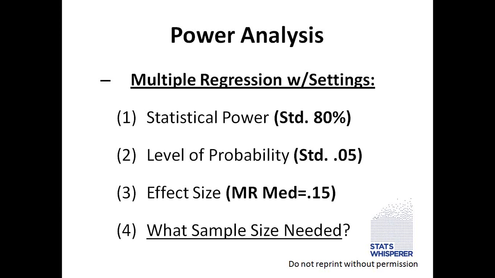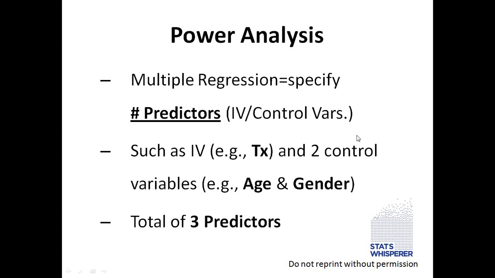So here we go. Multiple regression, this again is in G-Power. We have statistical power set at 0.8, level of probability at 0.05, and the effect size at 0.15, right? That's the medium-size effect for multiple regression. Right? So then what's the sample size needed? And G-Power would tell us, also we have to specify the number of predictors.